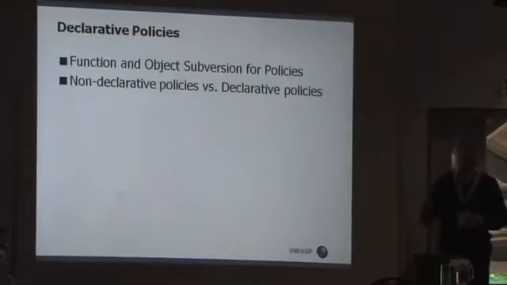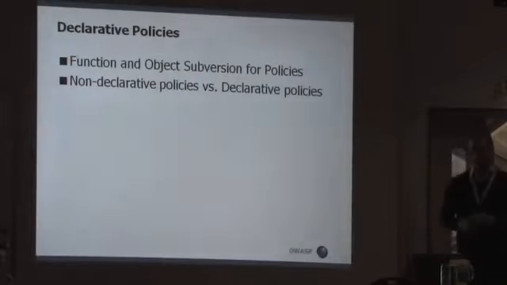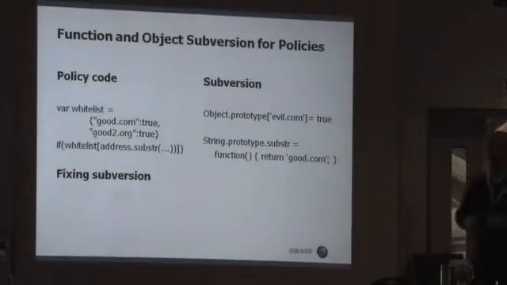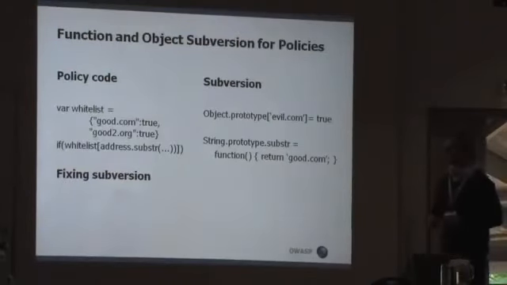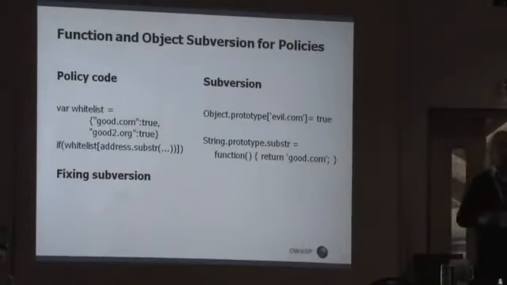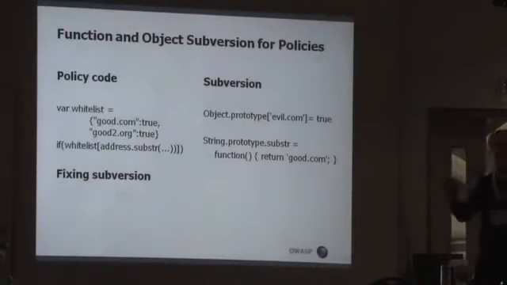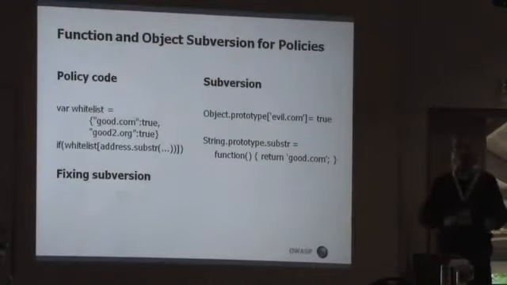So when it comes to policies, in fact, we have the same problem for policies when it comes to function and object subversion, but it's even worse. Policies we cannot control. The wrapper we can control. We know what the code will be, and how we can write a good wrapper so that it's not affected by this.